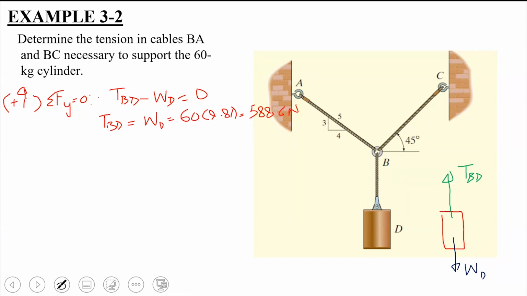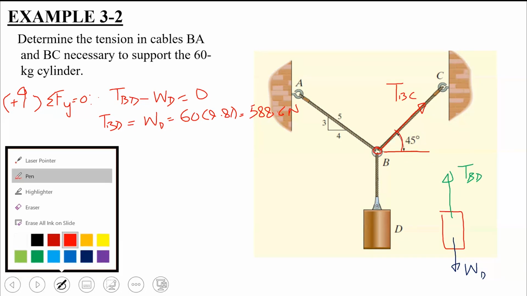Okay, next you need to draw the free body diagram of this ring B. अब next step में आप इस ring B का free body diagram draw करेंगे. Now on this ring there are three forces which are acting. One is the tension in this cable, which is TBC. इसको मैं TBC से represent करता हूँ, and it is acting at an angle of 45 degrees with respect to the positive x-axis.